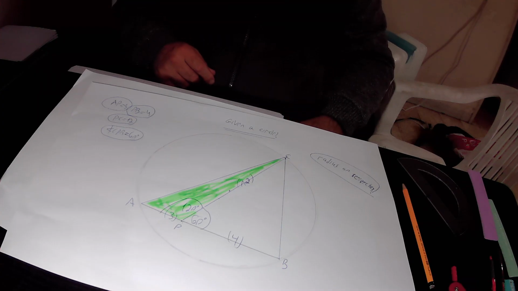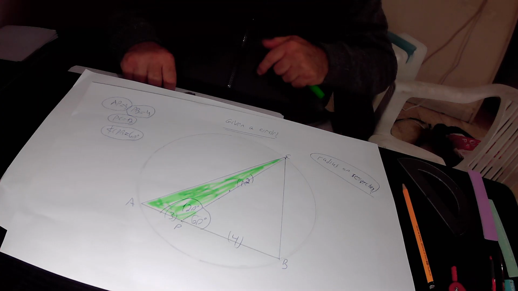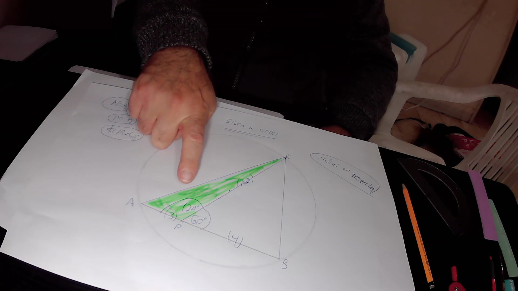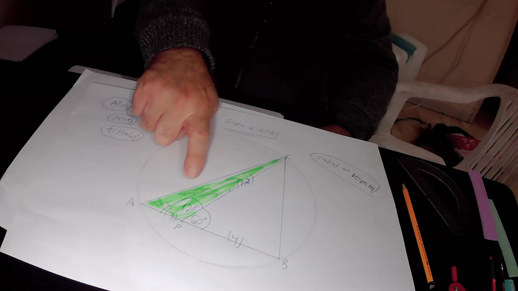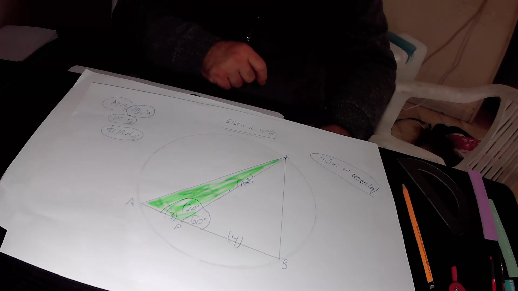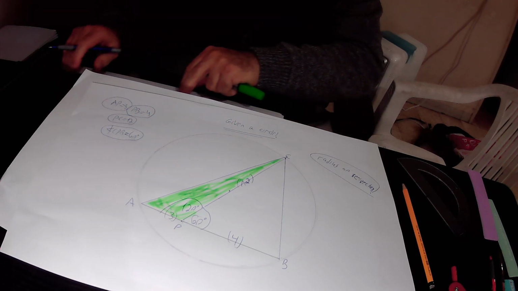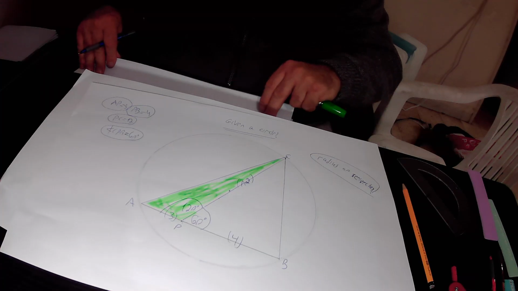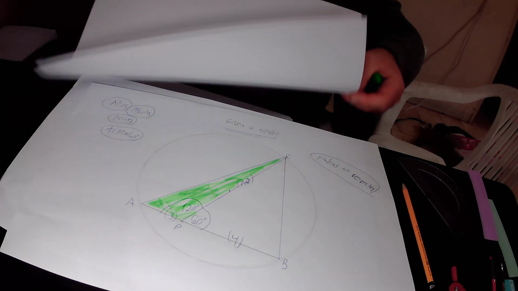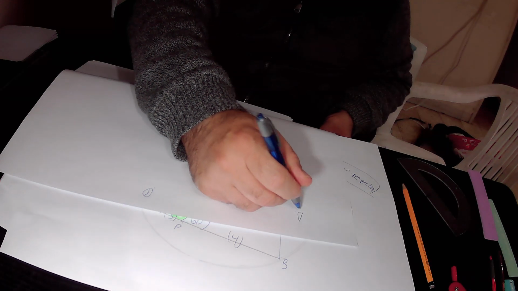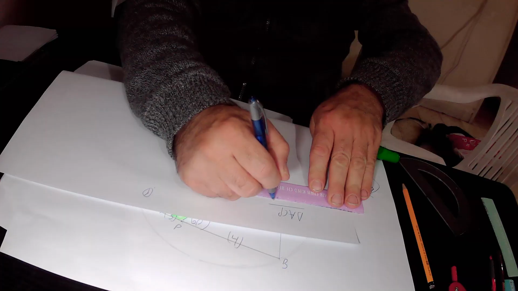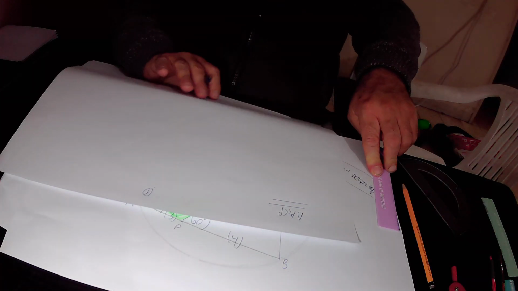So, according to the law of cosines, we'll choose angle theta as 120 degrees, this angle APC. So according to the law of cosines, in triangle ACP, the following equation is true.